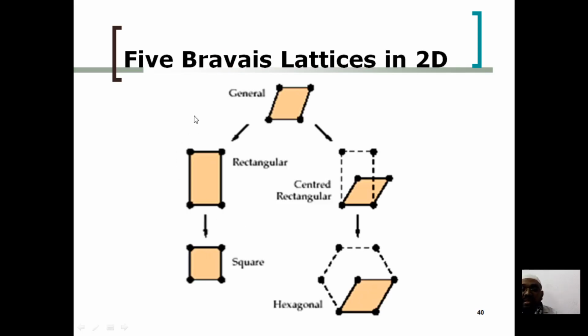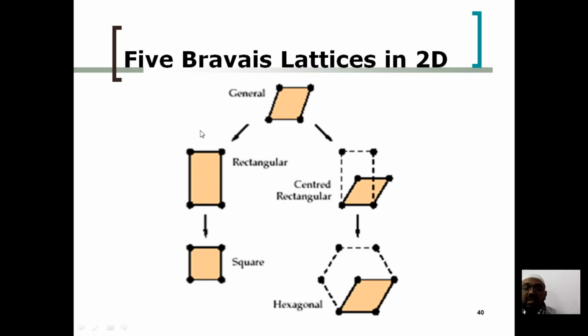So we have discussed the different Bravais lattices in 2 dimensions. When I say Bravais lattices, what is the meaning? It means that when you compare an atom with the corresponding atom, the environment about that particular atom with respect to the other is identical. That is called a Bravais lattice.